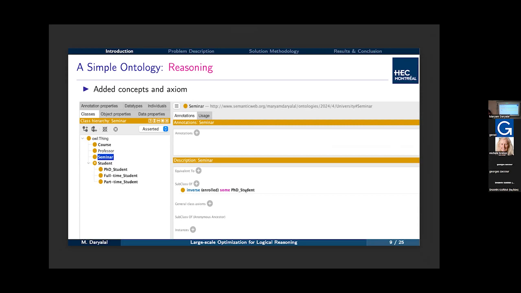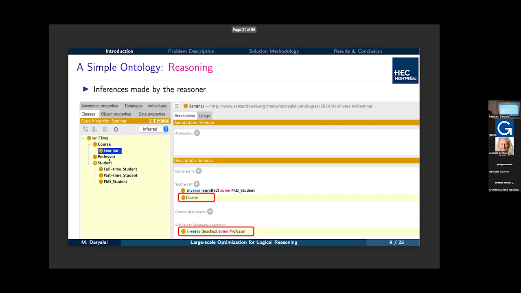It's very obvious for us that if a PhD student is enrolled in this thing, then this thing should be a Seminar. But data models don't understand it. But if I ask the reasoner to reason about this whole data model that I gave you, now it understands that a Seminar is a course.